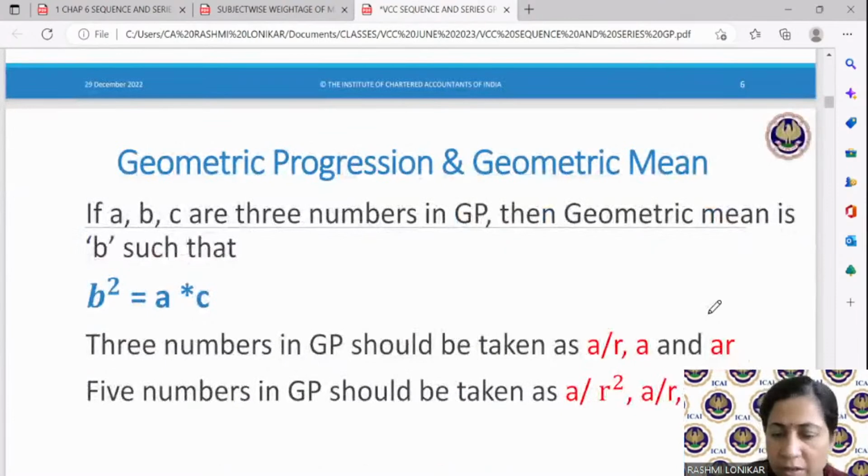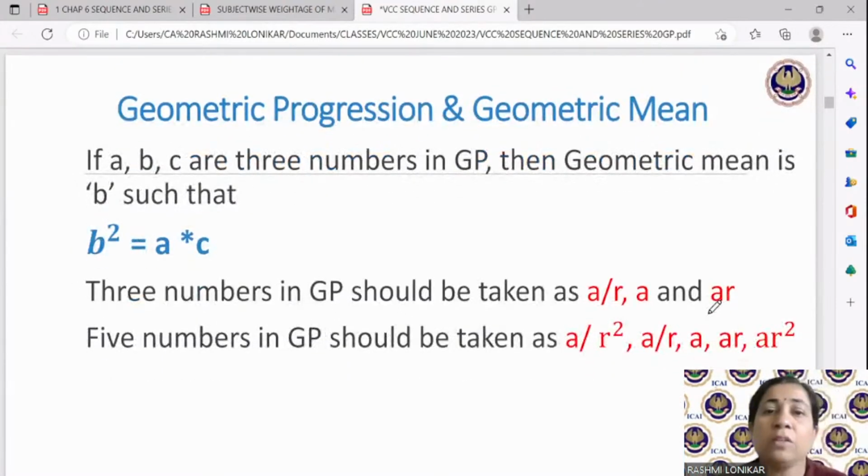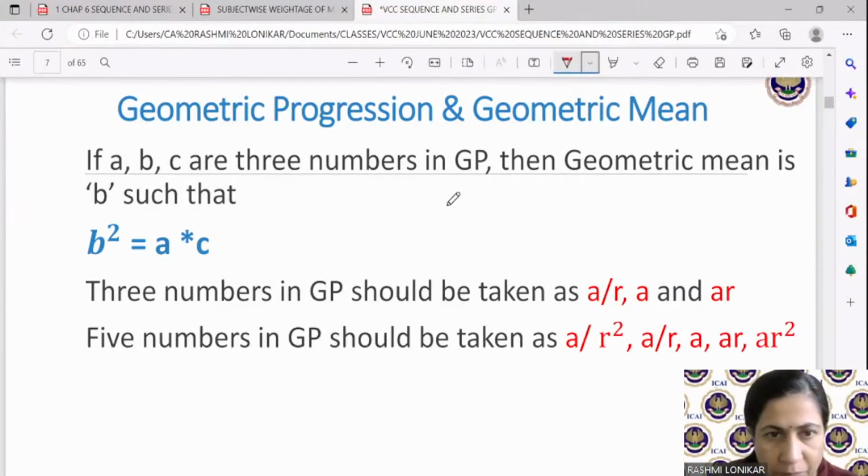Now, like we put an arithmetic mean between two numbers, similarly, you also have to put a geometric mean between two numbers. So that is also there. If I have three numbers in GP, then the geometric mean is such that b square is equal to a into c.